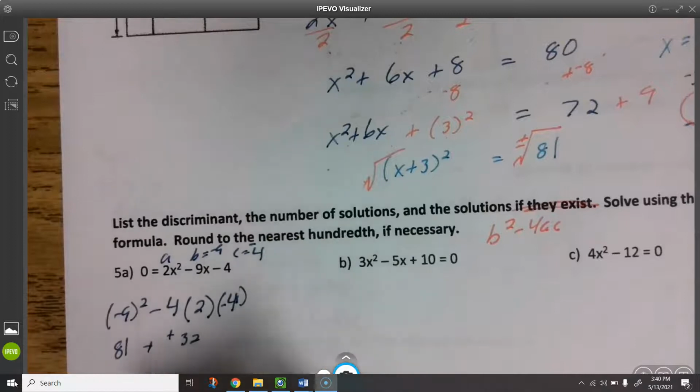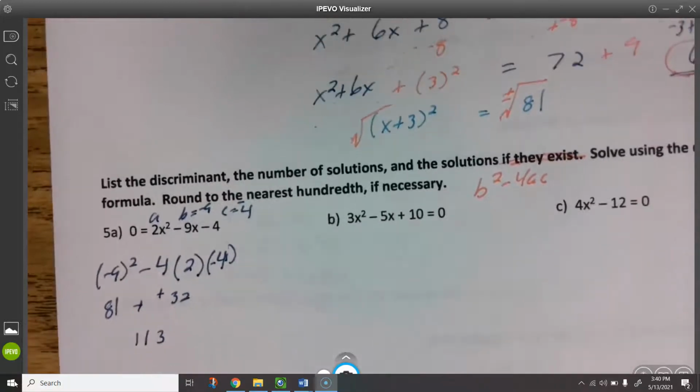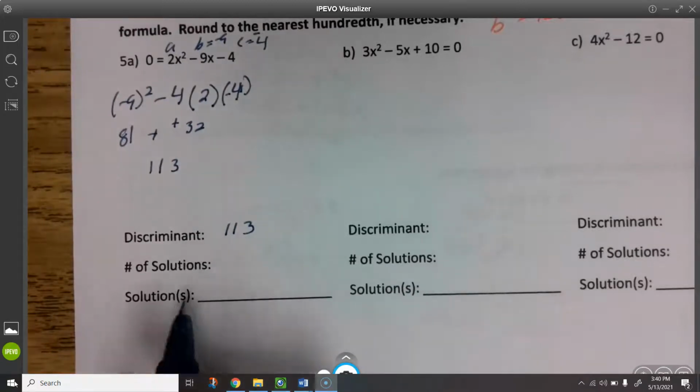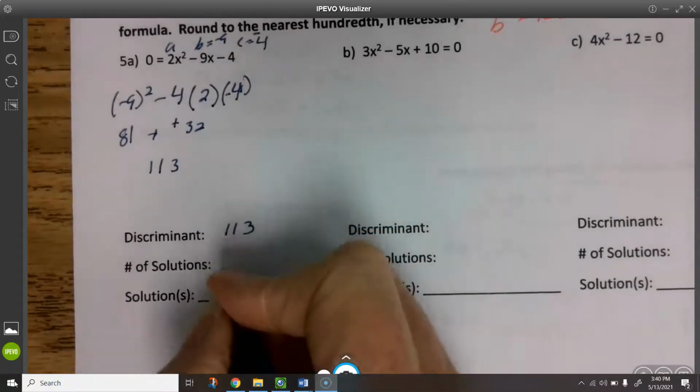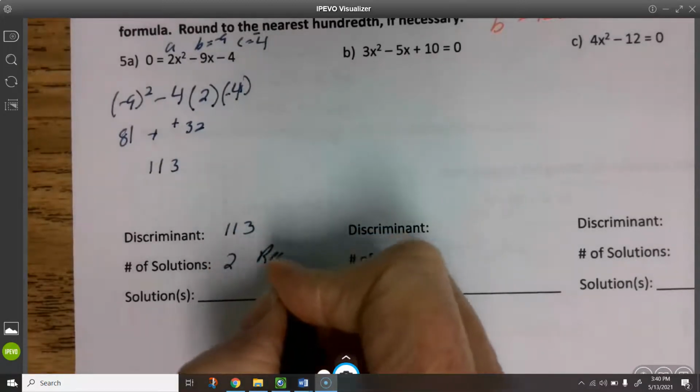I'm going to add, so I get 113. Okay, so what's the discriminant? 113. Oops, I can't see my work. Number of solutions, well, it's positive, so I'm going to have two real solutions.